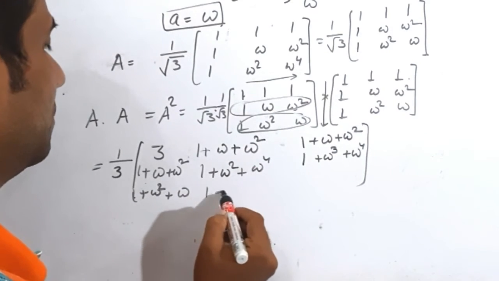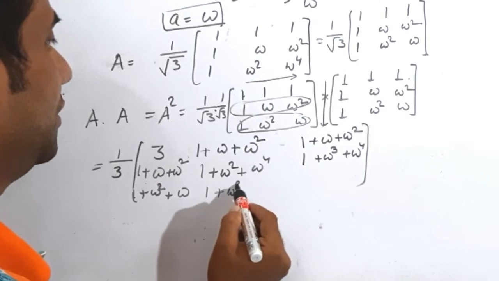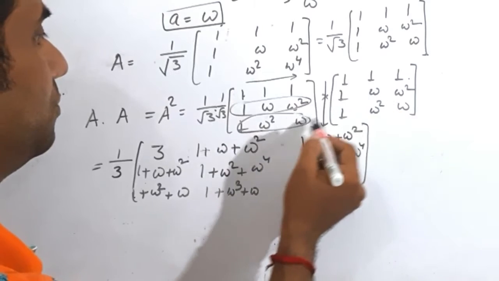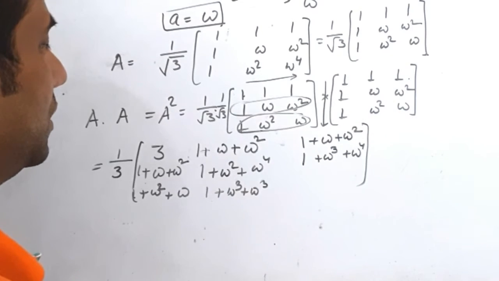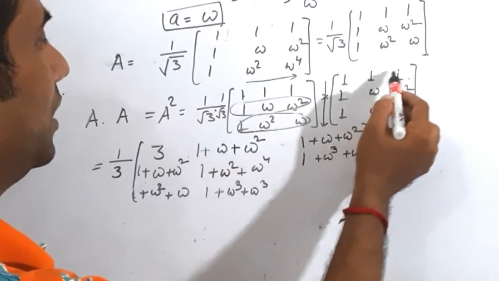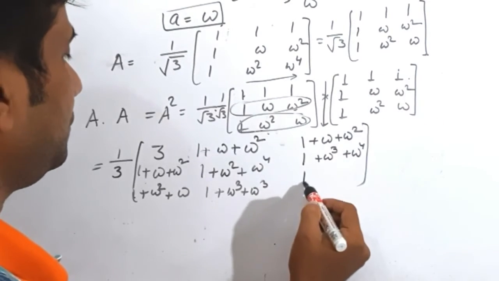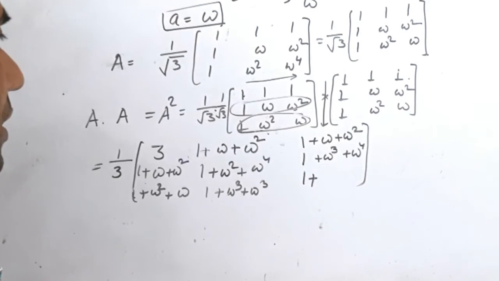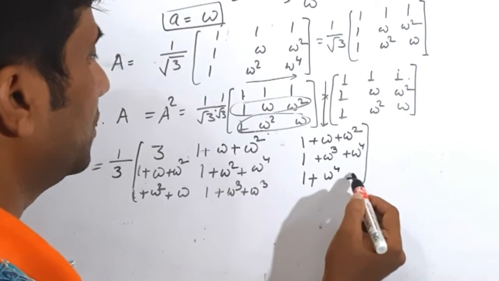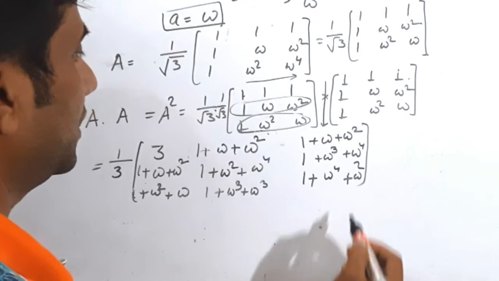This is 1 plus omega cube plus 1 plus omega cube plus omega cube, and this is 1 plus omega to the power 4 plus omega square.